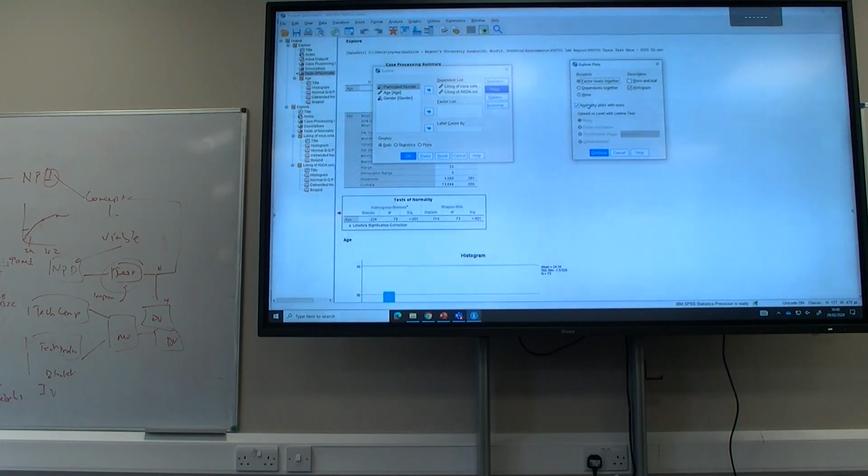The graph for Coca-Cola is positively skewed, but for Asda is a normal curve. There's no skew. Looks like it, yeah. So the test we need to check is the Shapiro-Wilk test.